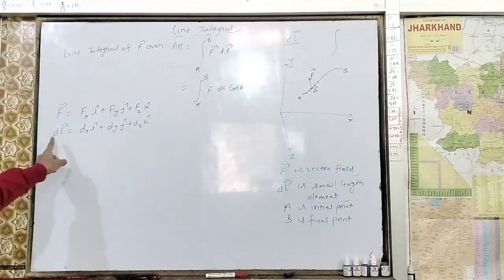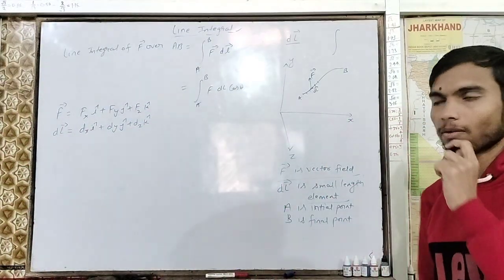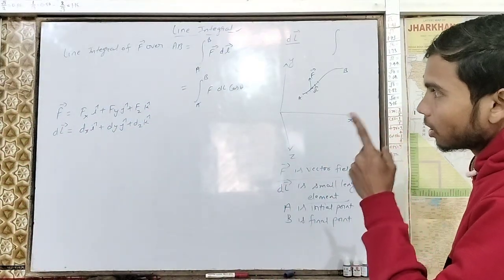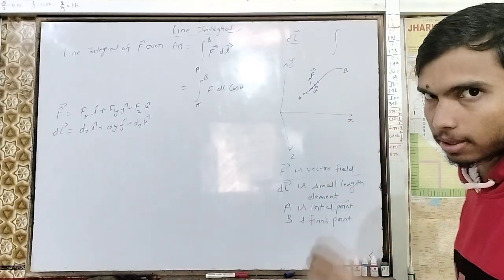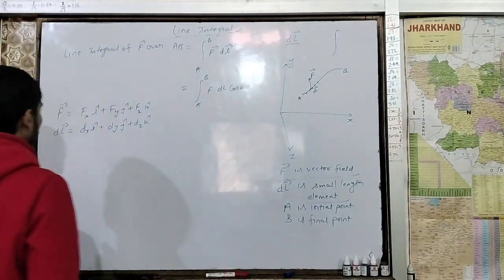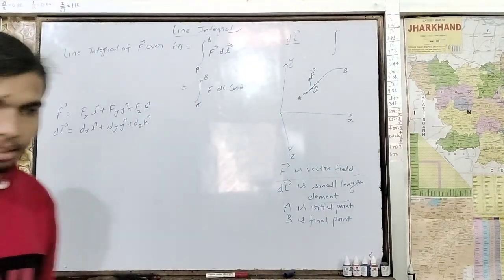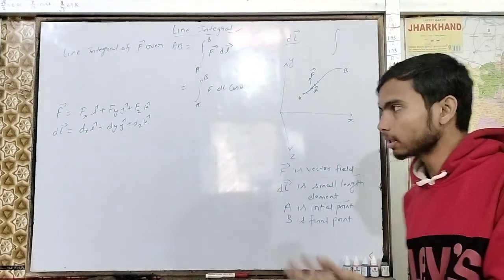This is how we convert a small length element into vector form, which is nothing but the dl vector equal to dx i cap plus dy j cap plus dz k cap. Got it? Whatever we wanted, we got.